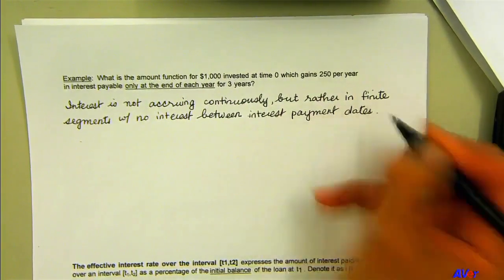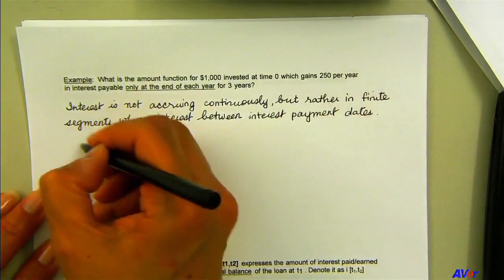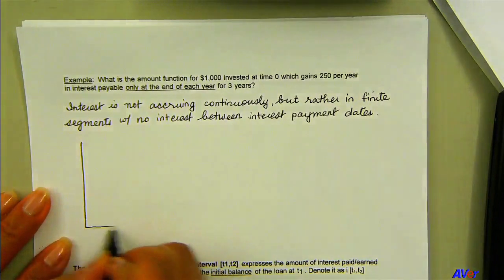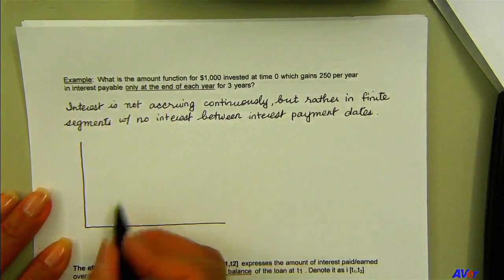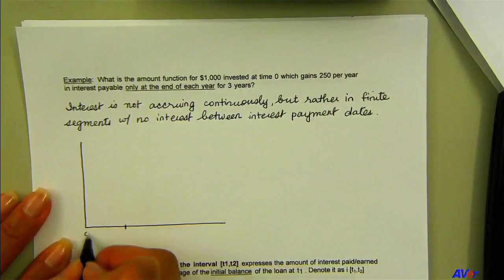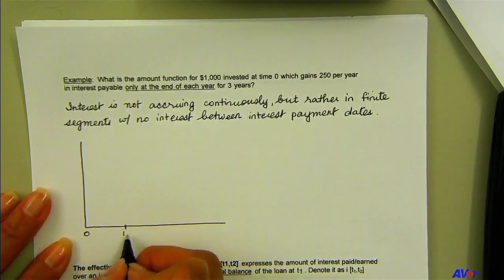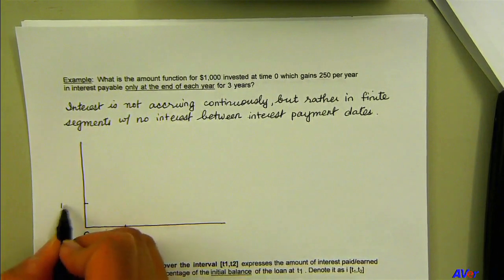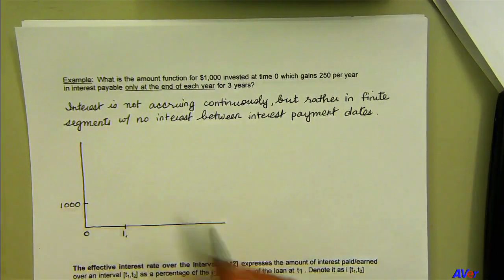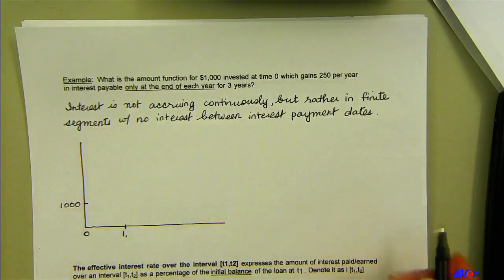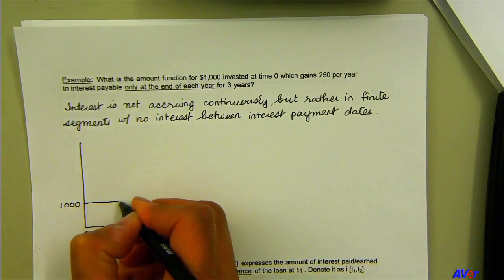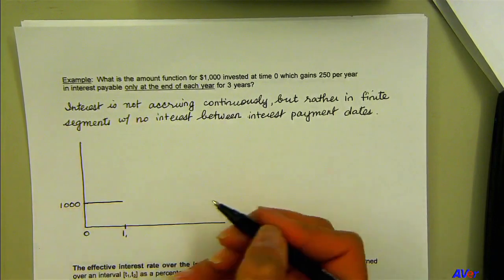Let's see. Here's time 0. How much am I starting with at time 0? Yep, 1,000. So what kind of a function is this? Step function. Nice. So there's nothing happening up to time 1.